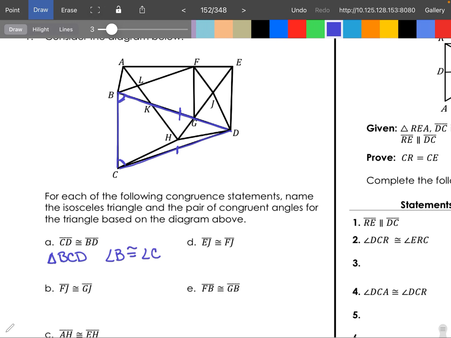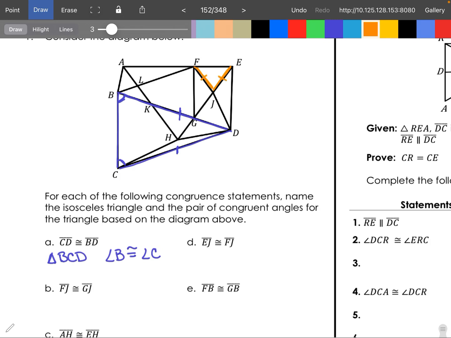All right. Let's look at, I'm not going to do all of these. Let's look at D. Okay, D, let's see, we're looking for EJ. And it is congruent to FJ. There's your two congruent sides.